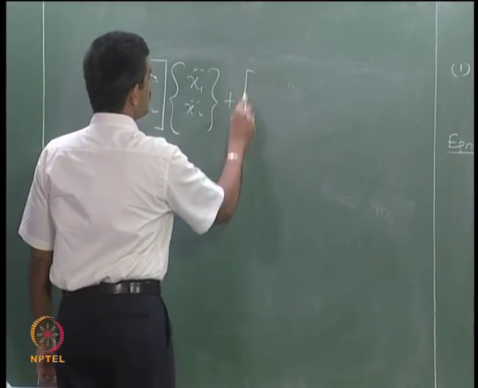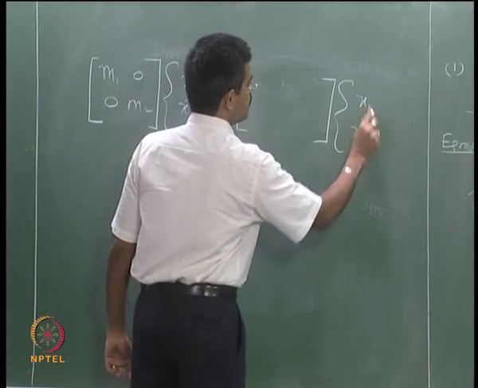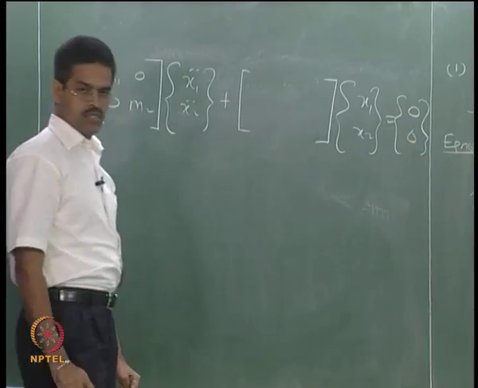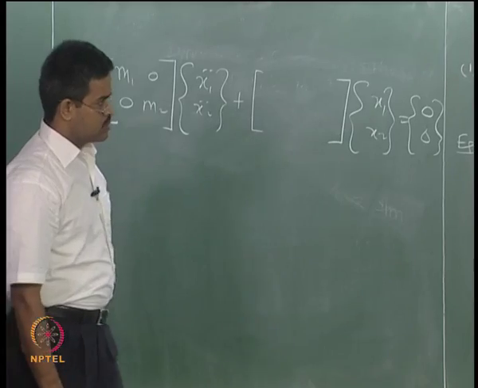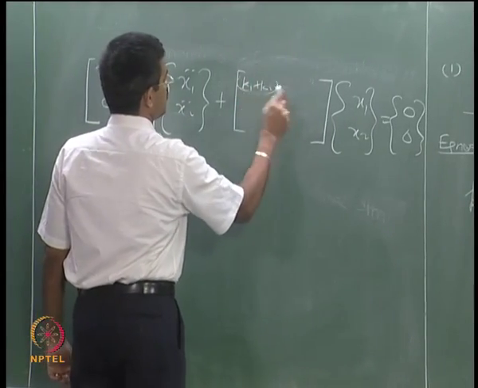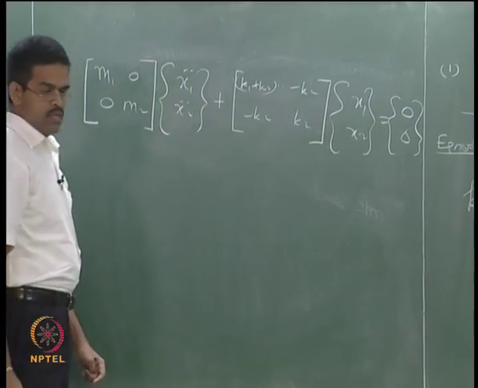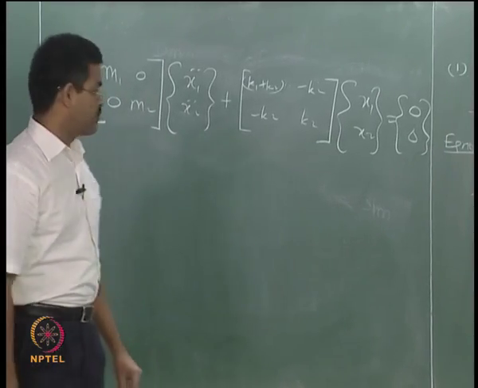Plus stiffness matrix of displacement equals the force value, in my case it is 0. So with x1 the coefficients are K1 plus K2, minus K2, minus K2, K2. So this becomes my equations of motion in a matrix form.